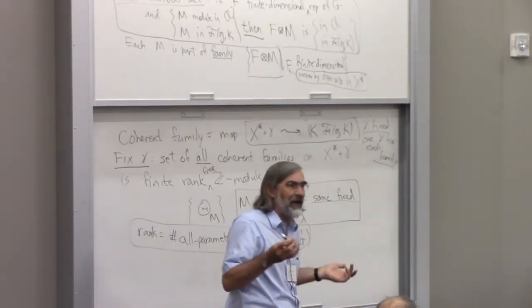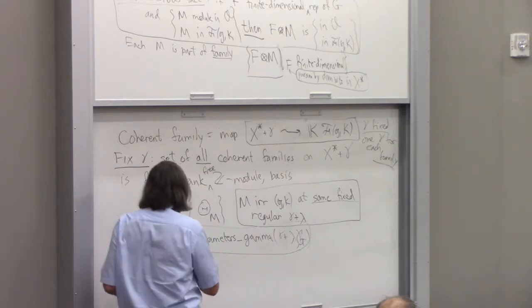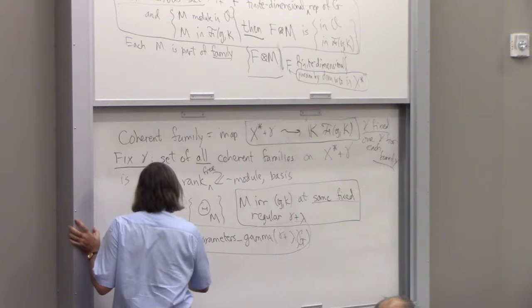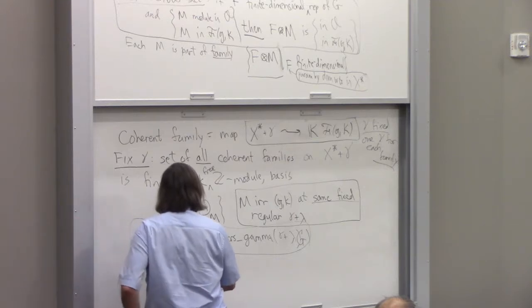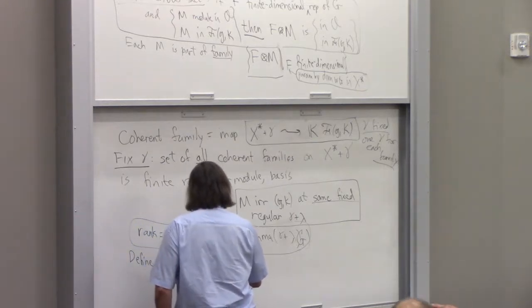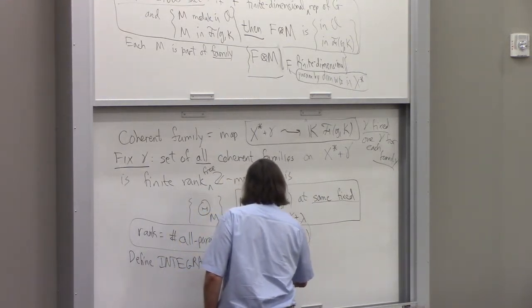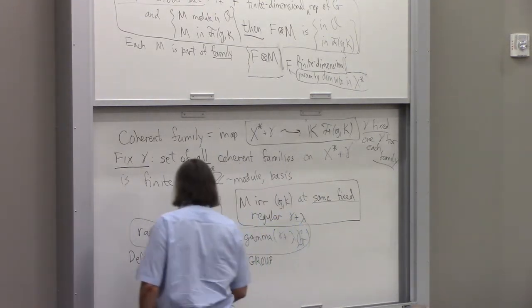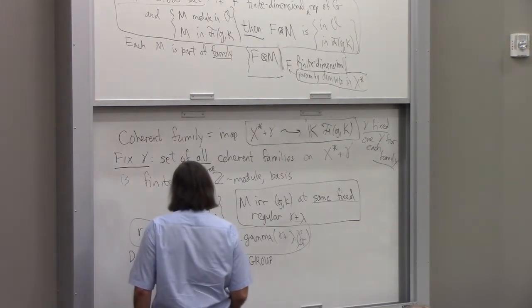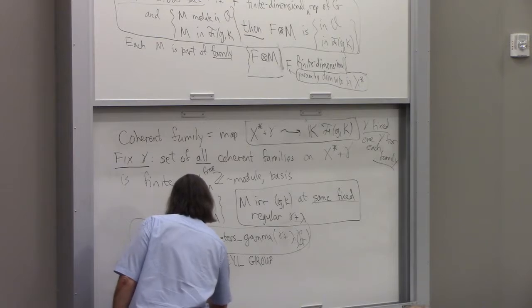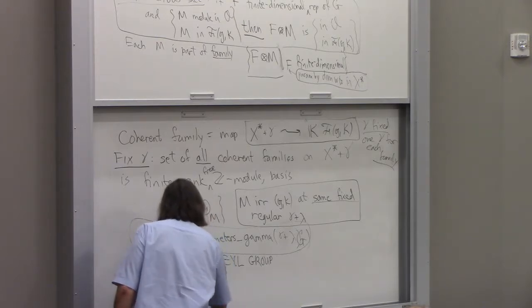So where's the Weil group representation? The integral Weil group, I guess W sub lambda, it's the set of gamma, W sub gamma.